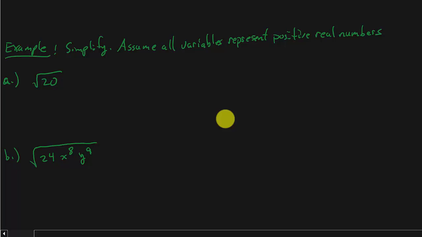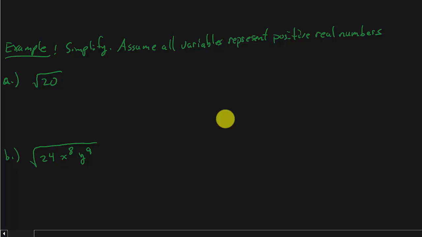All right, so I don't know if that makes sense to you or not, but let me just explain it in terms of square roots, and then it applies for all of them. So in order for a square root to be simplified, the number underneath the square root cannot be a perfect square, and it cannot have a factor that's a perfect square.